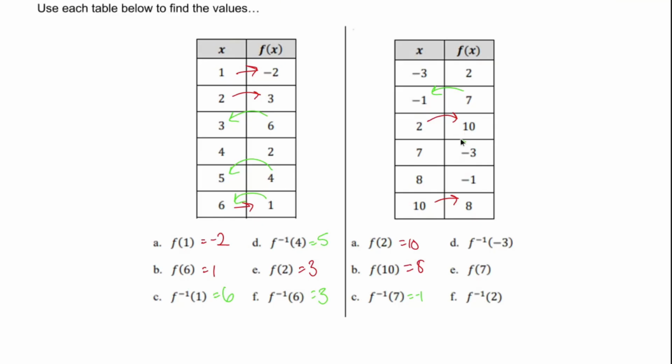F inverse of -3, go in reverse, which is 7. F of 7, which is normal, -3. And F inverse of 2, go in reverse, also -3. Isn't that neat? It is. Very neat.